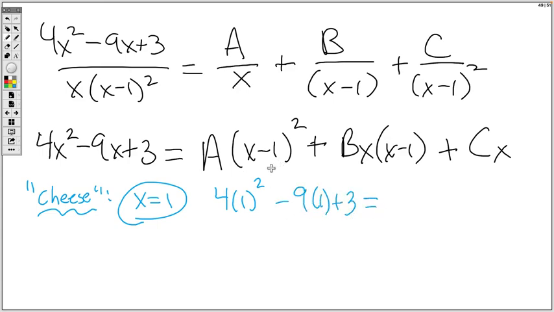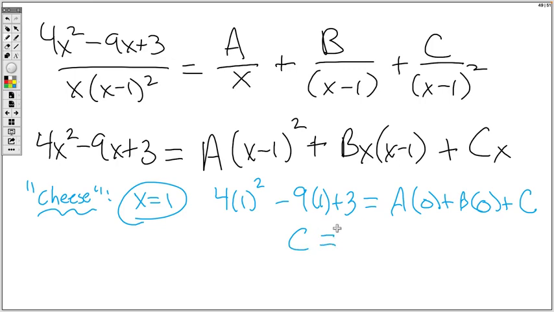On the right-hand side, what's the advantage of plugging in x equals 1? What's going to happen here? 0. What's going to happen here? 0. What's going to happen here? So x equals 1 zeroes out two of these terms, and I can get what c is right away.